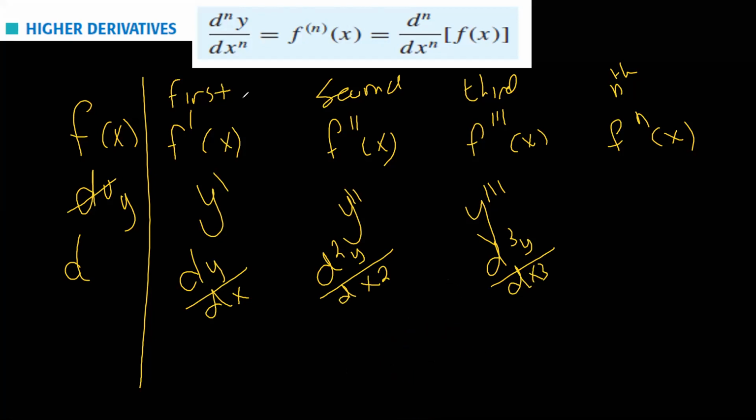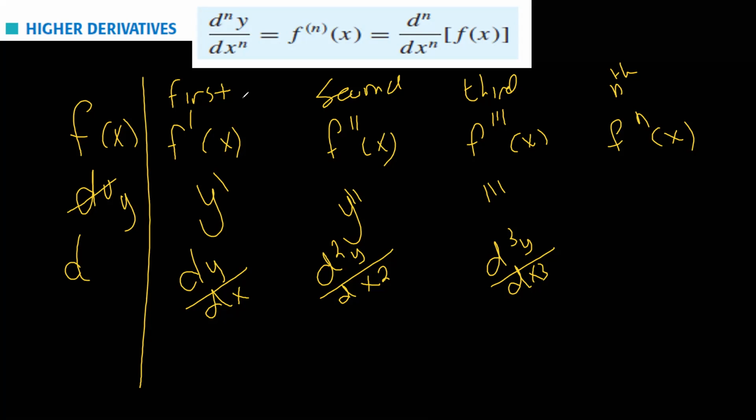If you have d third of y over dx third, I'm asking you about the third derivative. d squared means I'm asking about the second derivative, and then the first derivative. How can I find it? But until now, is it clear? What's the meaning of first, second and third, and how can I rewrite it?